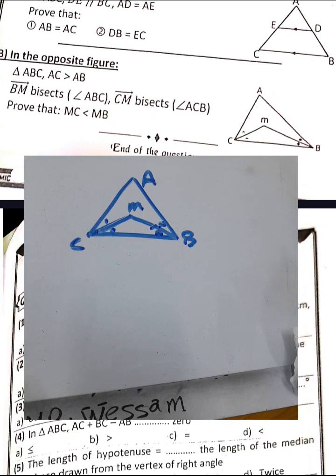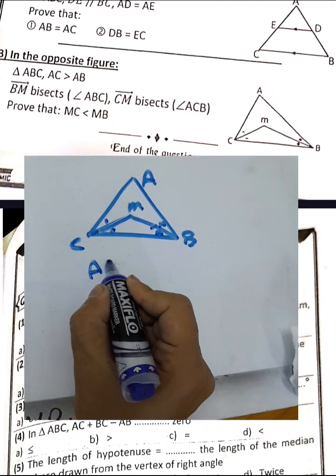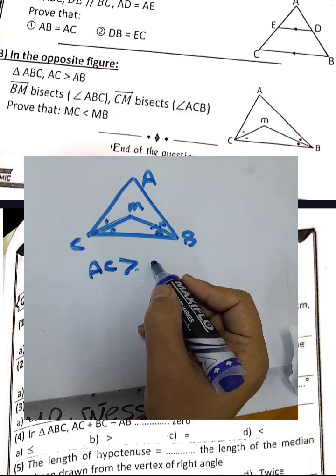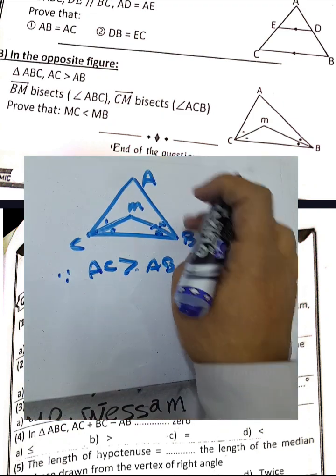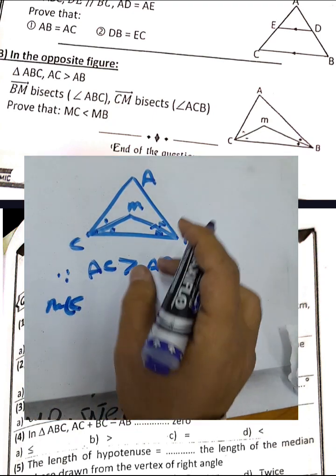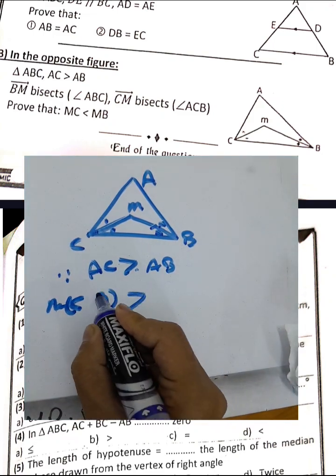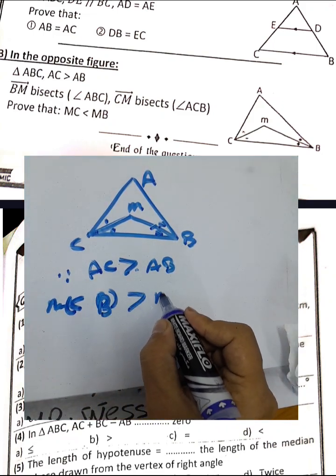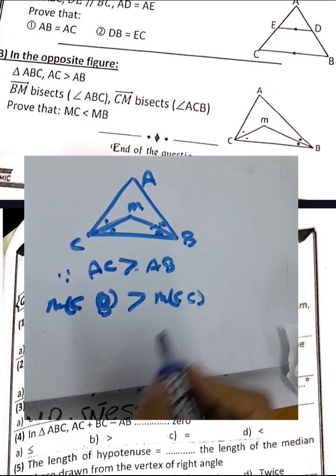In any triangle, he gives us this information: AC was greater than AB. Then the measure of angle B, opposite AC, is greater than the measure of angle C, opposite AB.